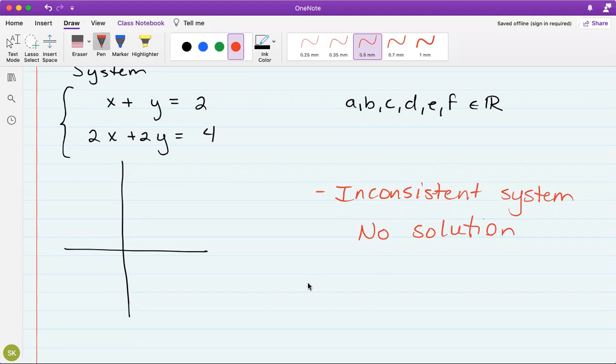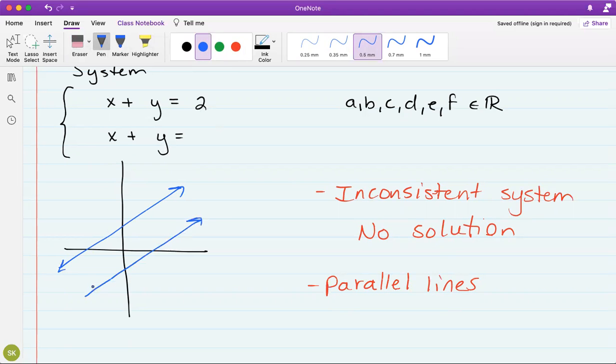And that happens when you have parallel lines. Okay, so parallel lines, you would have one line look something like this, and then one line looks something like that. An example of this would be x plus y is equal to 2, and then we could also have x plus y is equal to 3.